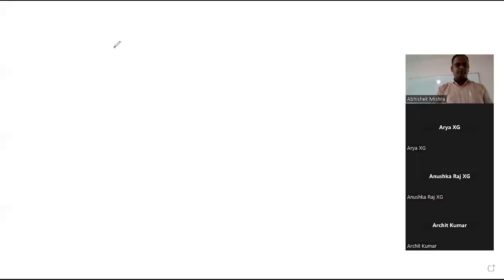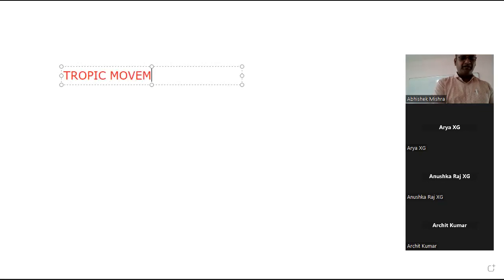Is my whiteboard visible to all? Now we are coming to the types of tropic movement, or different types of tropism. A very important part.